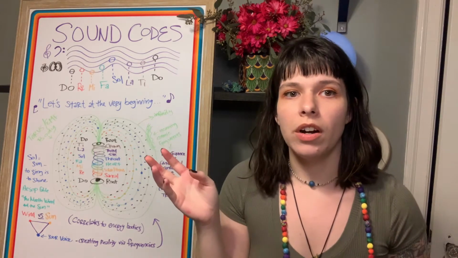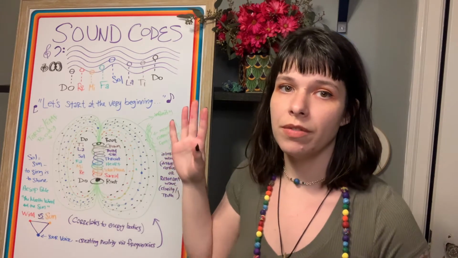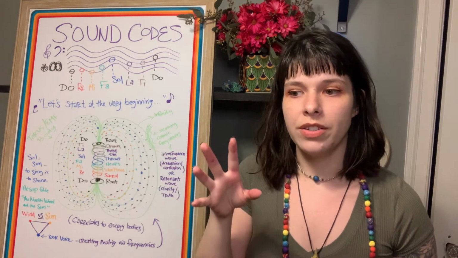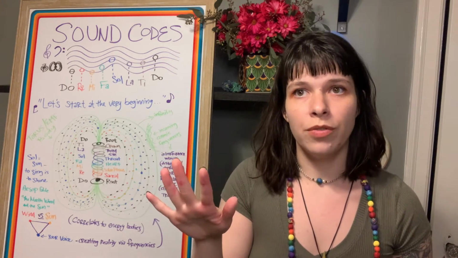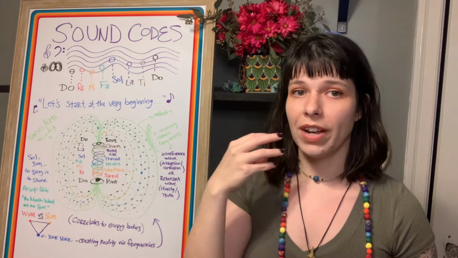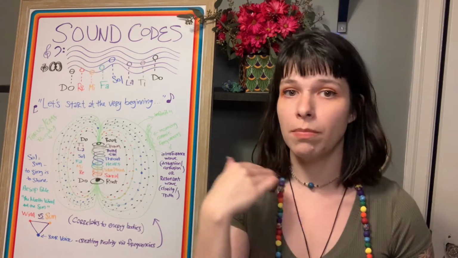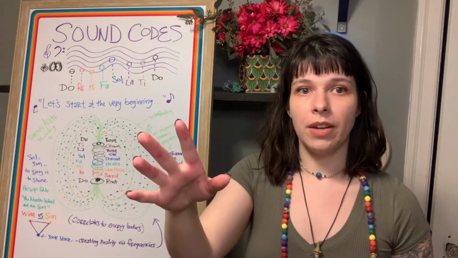So when you are toning, when you're using your voice, when you're reading or singing a piece of music, you are taking something that has been written, some sort of reality, some sort of idea, some sort of emotion, some energy, basically just an energy that you are expressing.